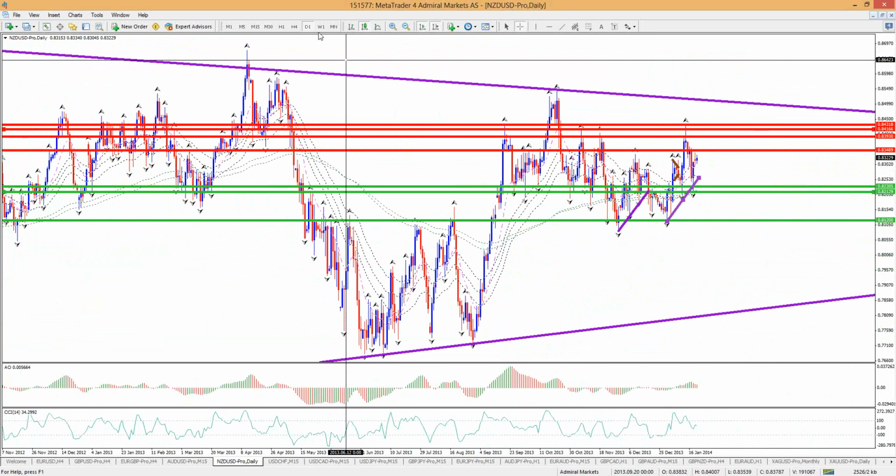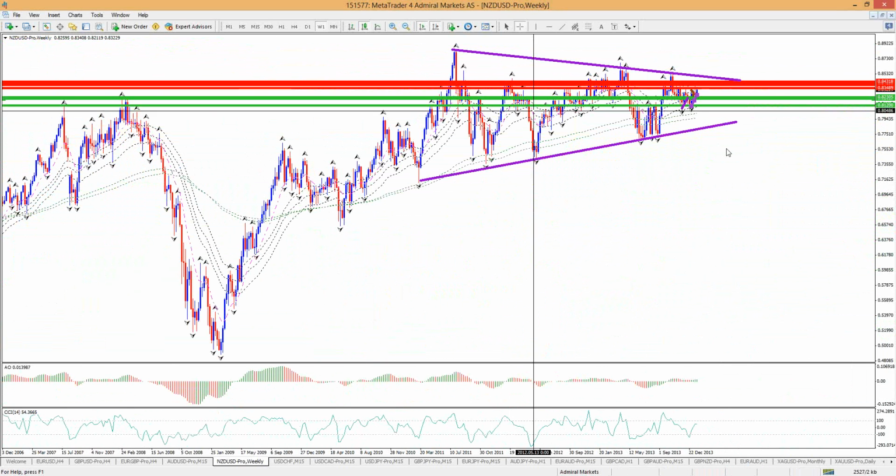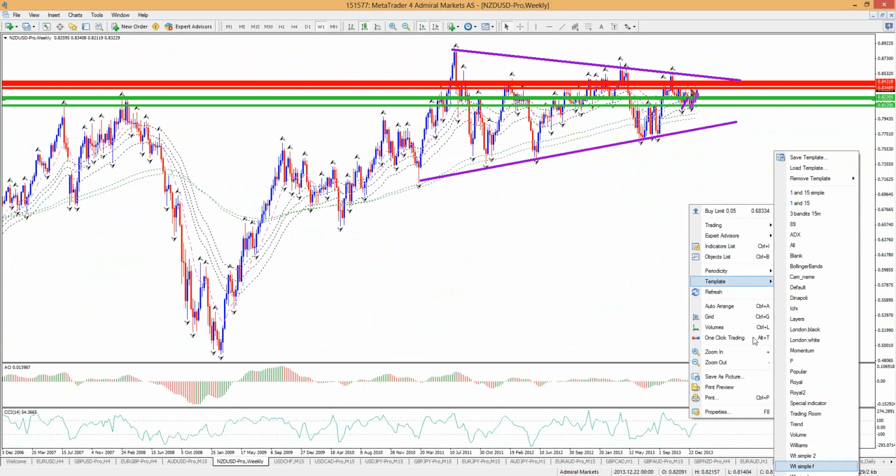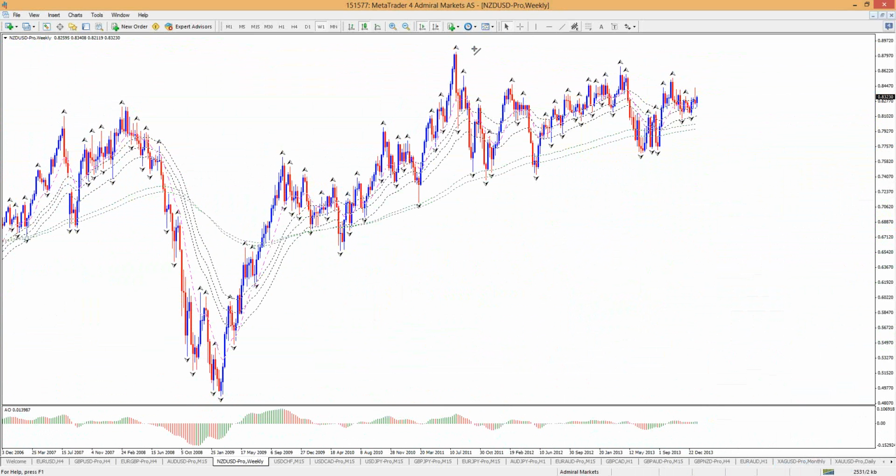So how does this fit in the weekly chart? Basically, let me redo the charts here for a second. Basically, we're in this triangle, right? That's what's happening. So price has had a big consolidation here and is now making a big consolidation here.